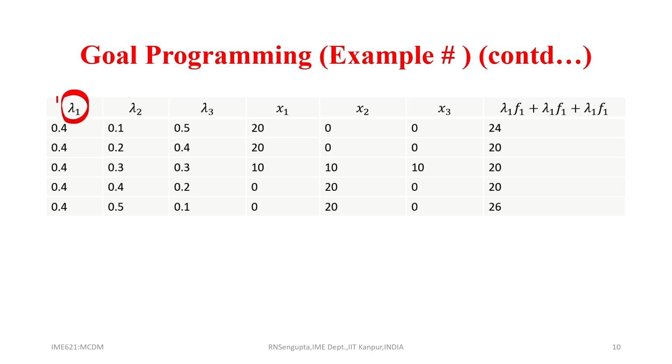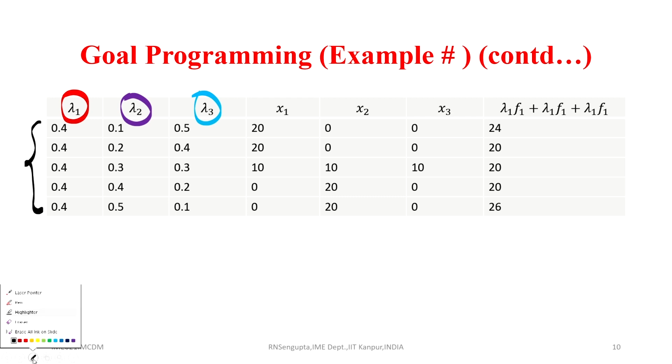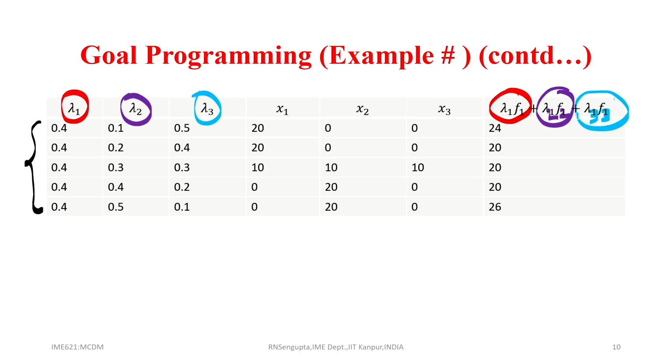Similarly, lambda 1 here, lambda 2 here, lambda 3 here, sum is 1, remember. This is lambda 1 f 1, this is lambda 2 f 2, this is lambda 3 f 3, and interestingly, watch this: 20, 20, 20.